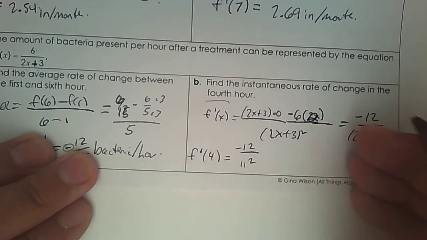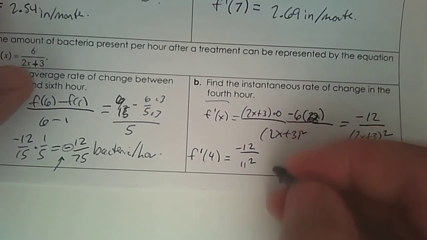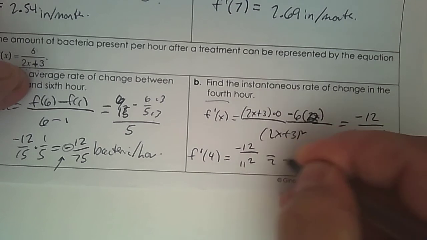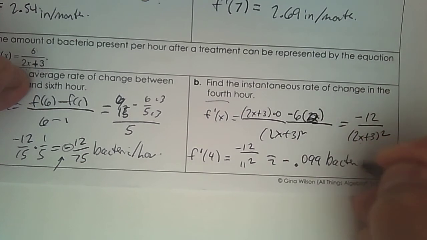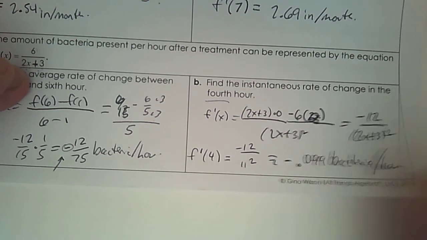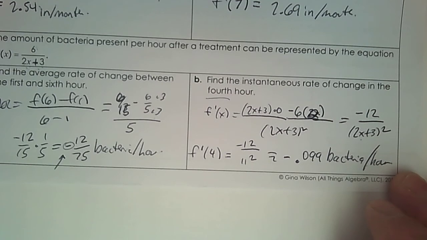So exactly during the 4th hour, if I round it, it's negative 0.099 bacteria per hour. So that means it's decreasing at that rate. Turn the page.